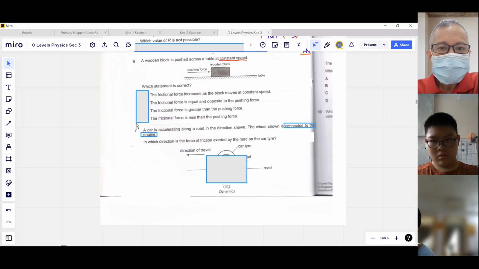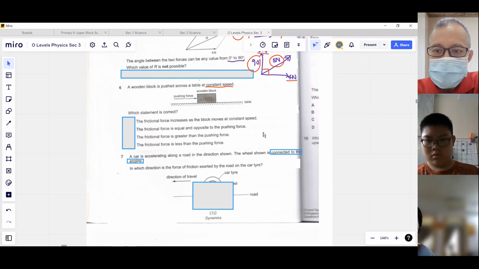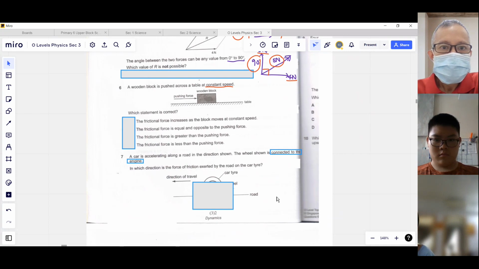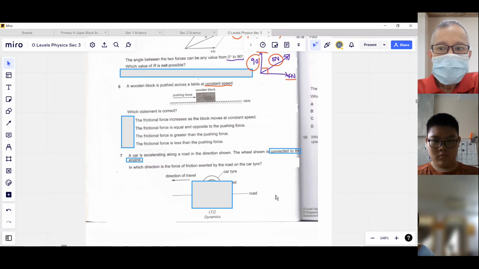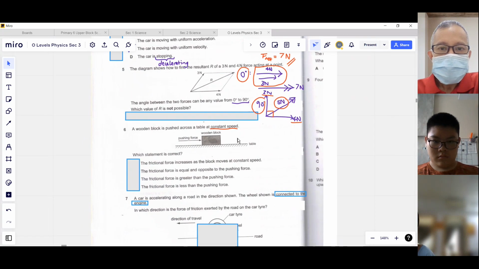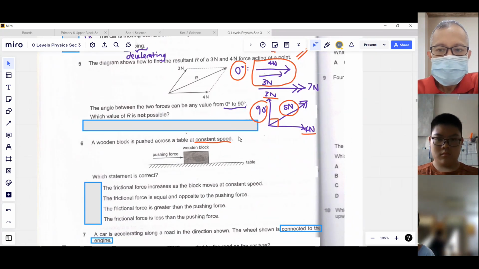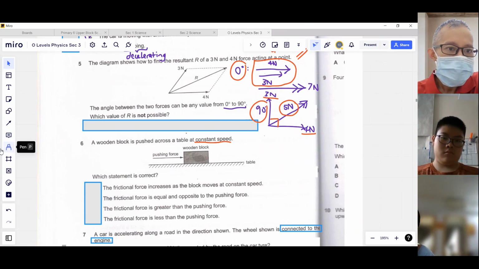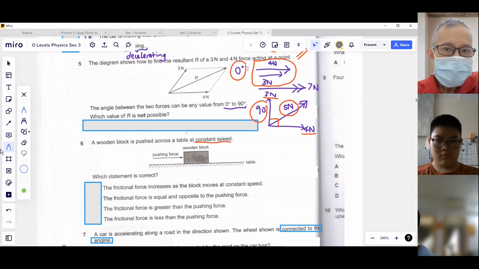As I said, question 7 is quite difficult, but you just have to think clearly about it. Okay, guys, I repeat, I was telling Devon just now, look out for words like this, constant speed. And in case you have forgotten, both of you guys at home, constant speed means zero acceleration.